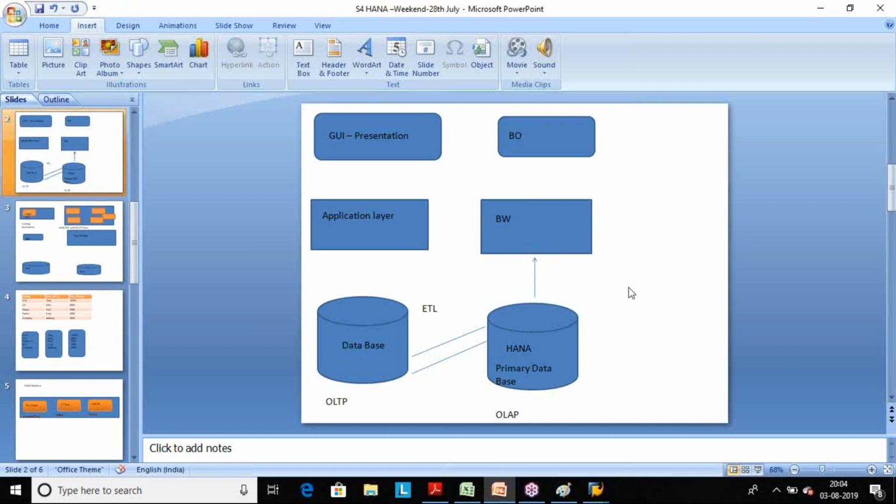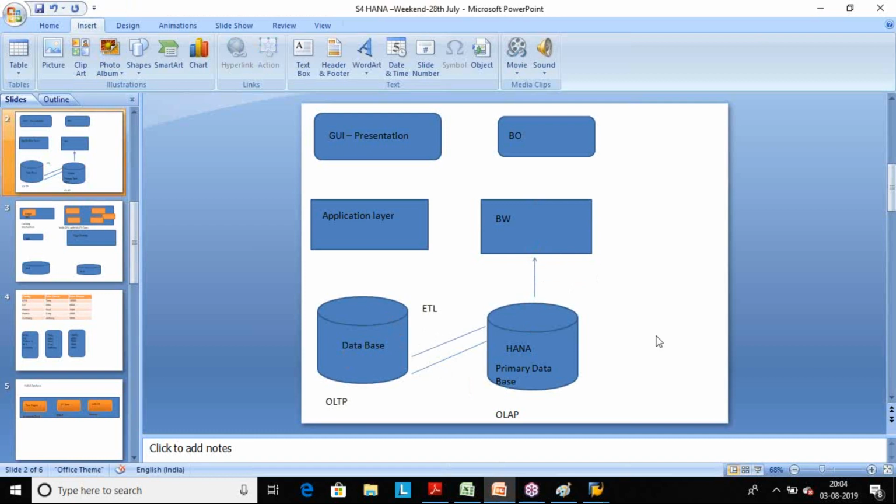At this point in 2012, can we drop the ETL concept? Not possible. Why? Because we are still using two databases. Your OLTP database is different and your OLAP database is different. So you have to take the data from the source system to the new system.